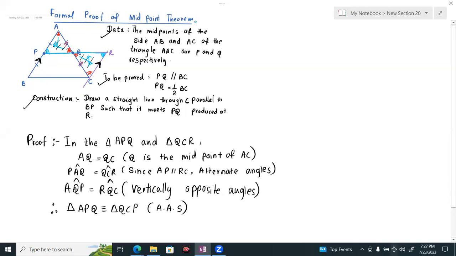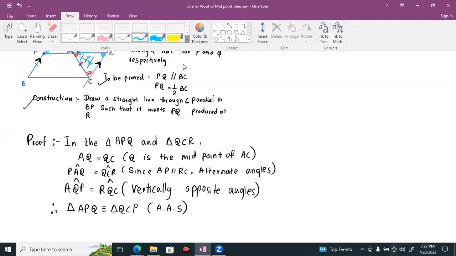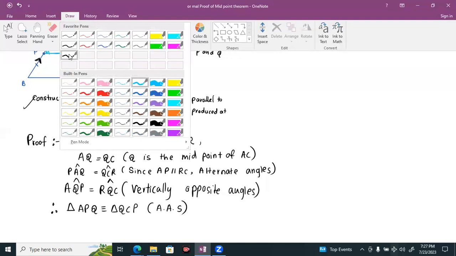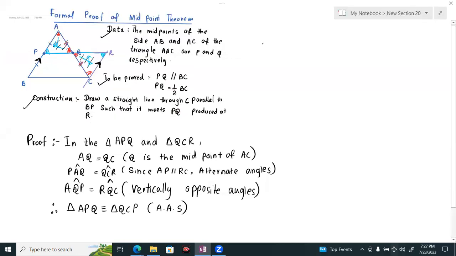Now, how do we use these corresponding elements to prove what we need? Let's see how we can apply them to what we have to prove. Therefore, AP is equal to RC and PQ is equal to QR.